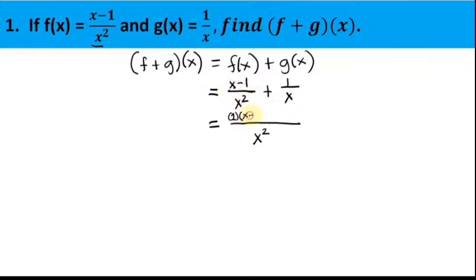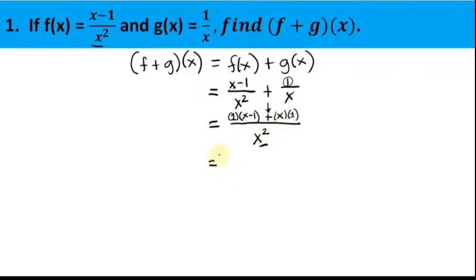So x minus 1 plus, ito, natin ilagay plus. Then x squared, itong denominator, i-divide natin yan sa x. So ang result is x times the value of the numerator, that is 1. Okay, equals, isa-isahin natin.